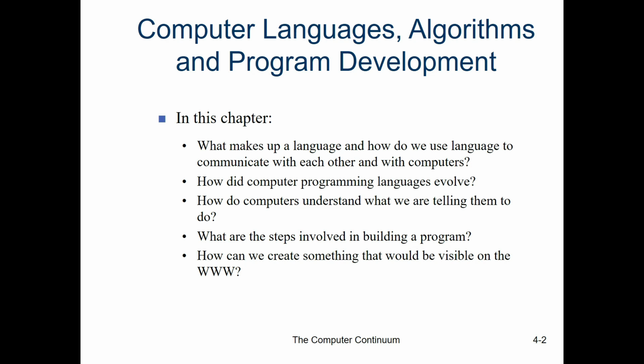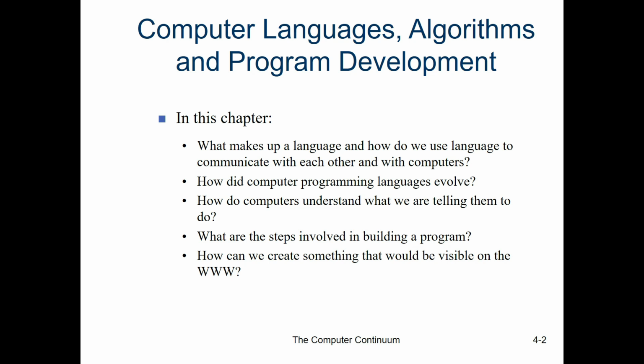Now, in this chapter, we will try to understand what makes up a language and how we use language to communicate with each other and with computers. How did computer programming languages evolve, and how do computers understand what we are telling them to do?